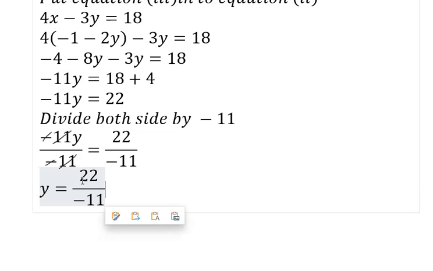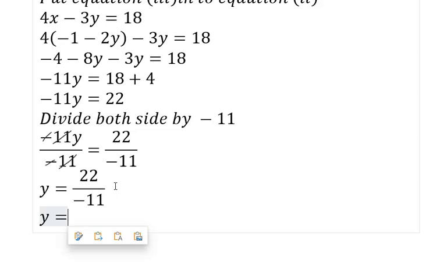Beautiful. So with that, we can now say 22 divided by minus 11 will give us what? 22 divided by 11 will give us 2, but because we have minus there, it will be minus 2. So we've been able to get the value of our y to be minus 2. Remember, we are looking for two unknowns, x and y, so we've gotten our y.